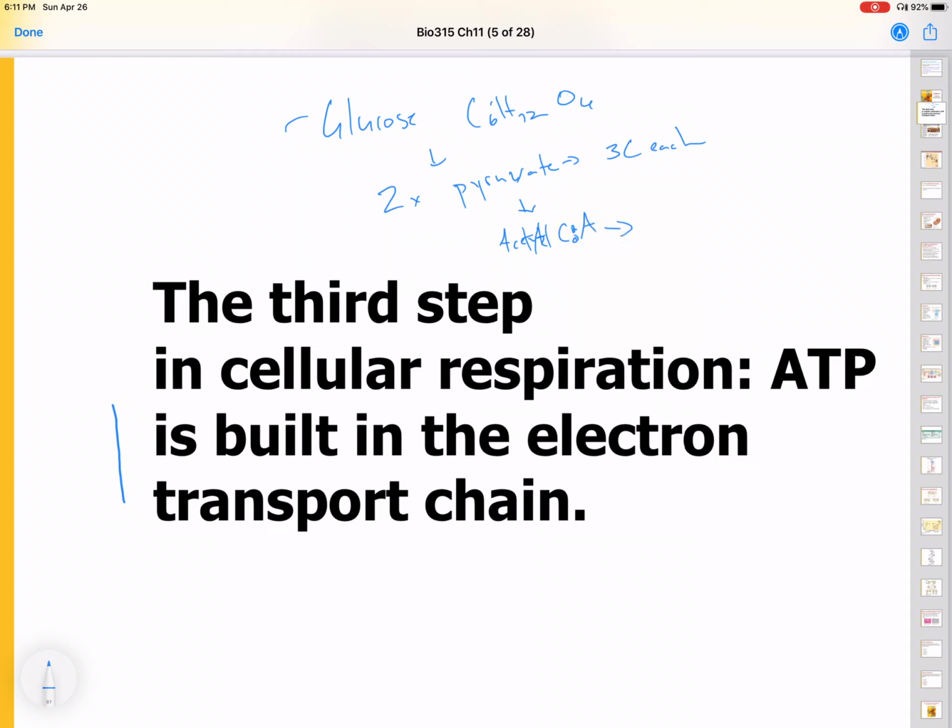And then we went through the citric acid cycle to completely break that down to carbon dioxide. So the result of the first two steps was a total of 4 ATP, which isn't a lot, but we have a lot of reduced electron carriers.